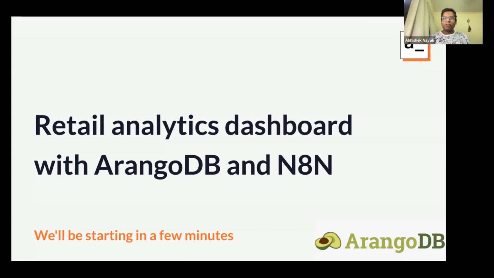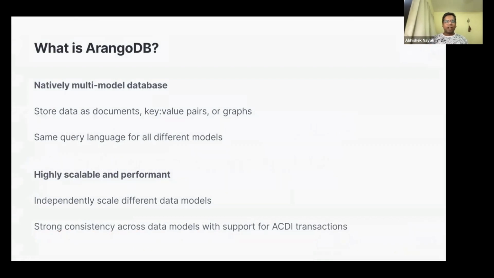Before that, let me talk a bit about what is ArangoDB and why it is so great. Chris, feel free to chime in. The best thing about ArangoDB is that it's natively multimodal, so you can store documents, key value pairs, or graphs. You use the same query language for all the different models, so it keeps things simple for you.